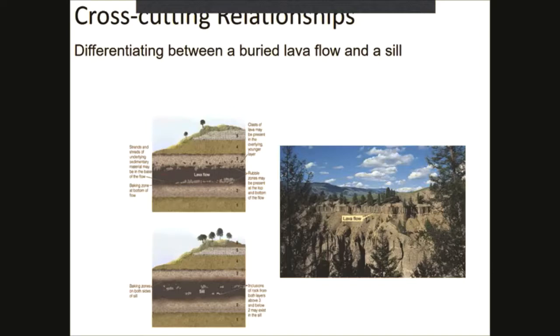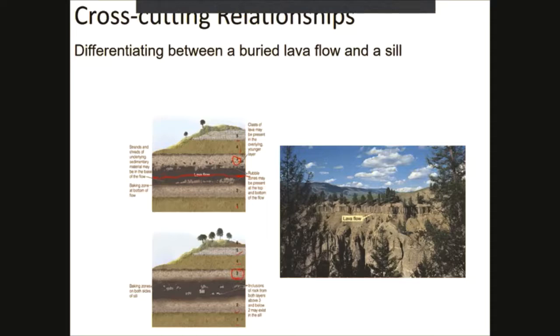So in this case, you have sedimentary rock layers 1, 2, 3, 4, 5, with a lava flow, a layer of igneous rock in there between sedimentary rock layers 2 and 3. The same thing here, sedimentary rock 1, 2, 3, 4, 5, and you have a layer of igneous rock. The difference is rock 3 is younger than the igneous rock in this situation, but here rock 3 is older than igneous rock in that situation.